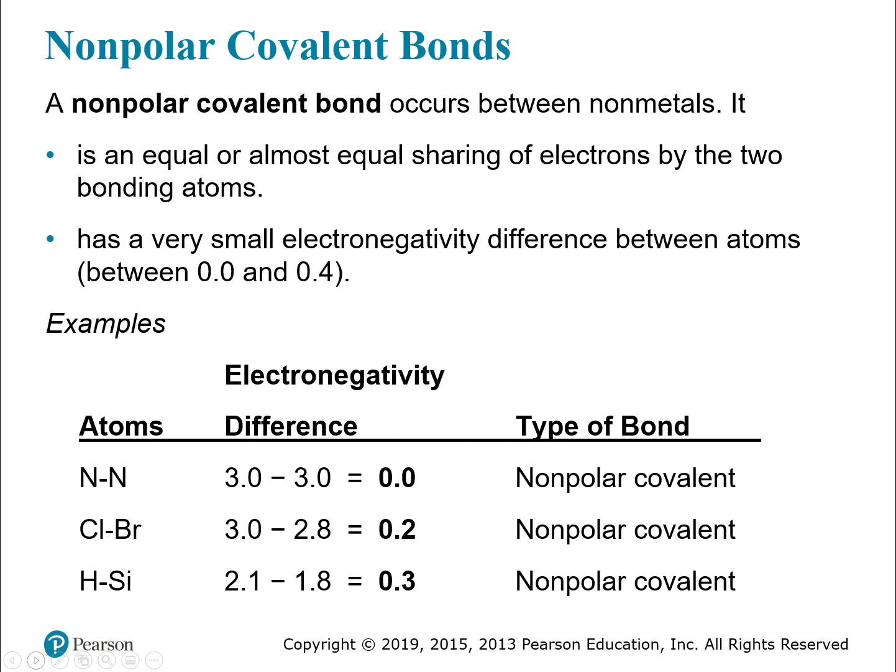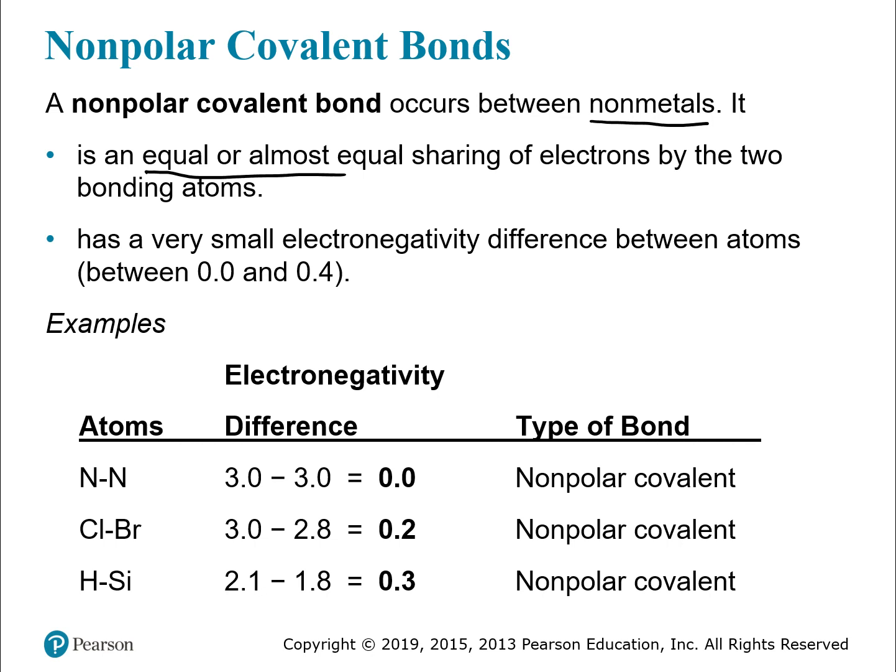So let's talk about these types a little bit more. Nonpolar covalent bonds occur between nonmetals. And we're talking about pretty much equal sharing of electrons by the two atoms that are bonded together, and they have a really small electronegativity difference.